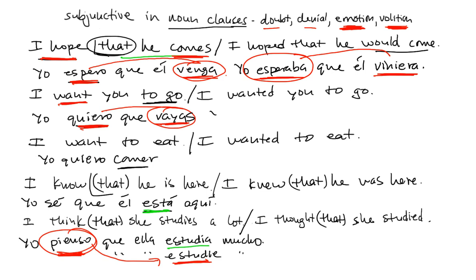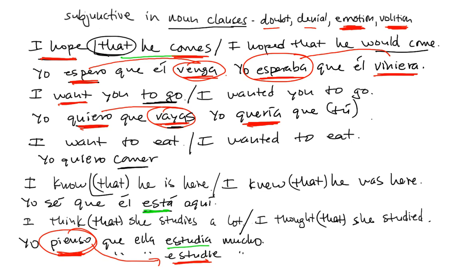I wanted. Yo quería. Or you could say quise, that would be wanted and tried to force you to go. Yo quería que tú, we're using the tú form now because we've turned this to vayas. Yo quería que tú, optional. To go, even though this is an infinitive here, we have to put this in the subjunctive because the verb in the principal clause is expressing volition, trying to make this come about.